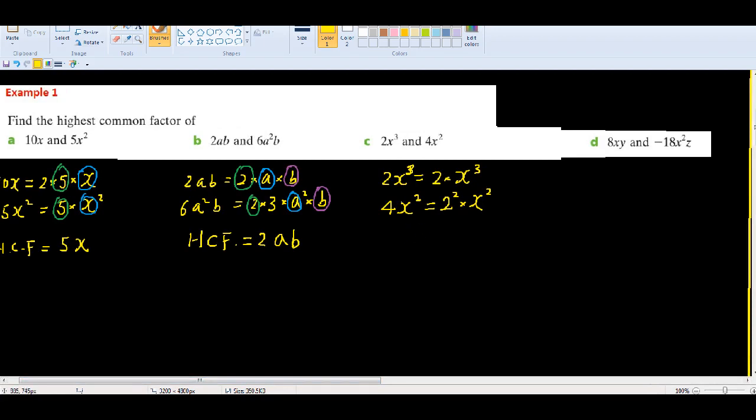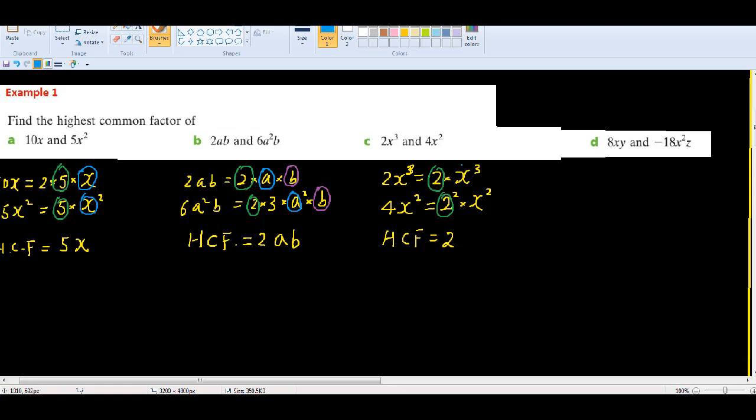And how about this one? Can we find the HCF? So what's your answer for this one? Right, 2 and 2. Both of them had 2, so 2 is the answer. The other is 2 squared, but we take the lowest power.